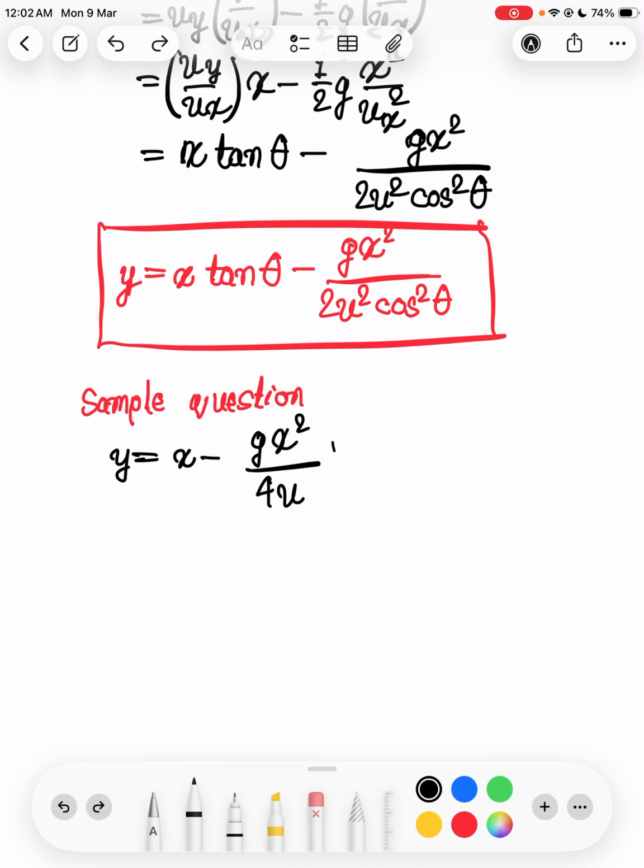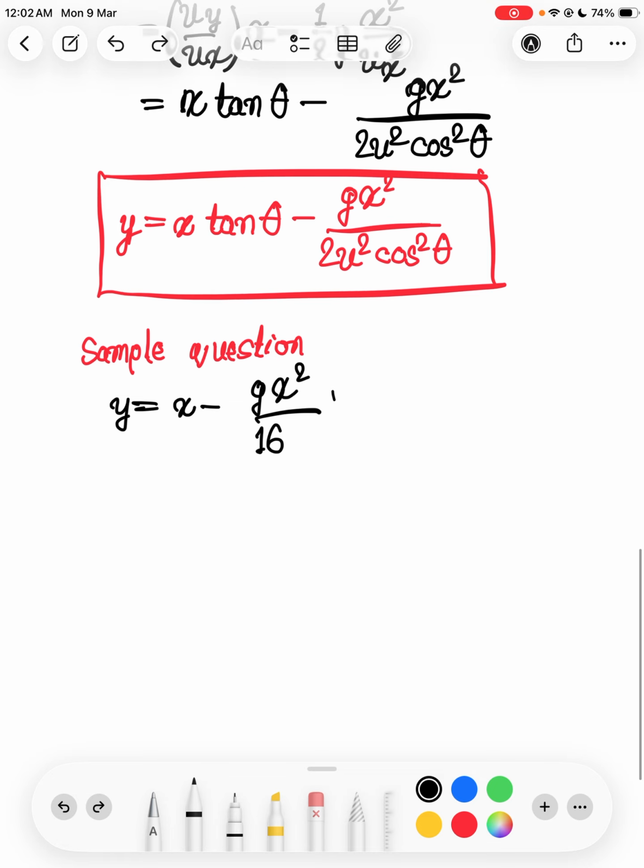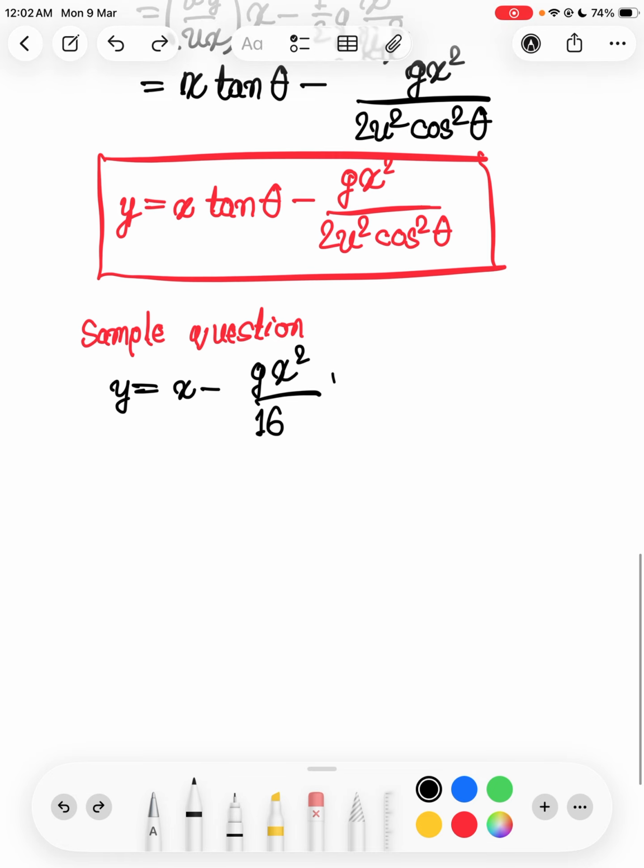Okay, no, not 4u square. Let me just take g x square divided by 16u square. Only 16, I'm very sorry. So let's say that this is the equation of a projectile, and you are tasked to find the maximum height of this projectile.